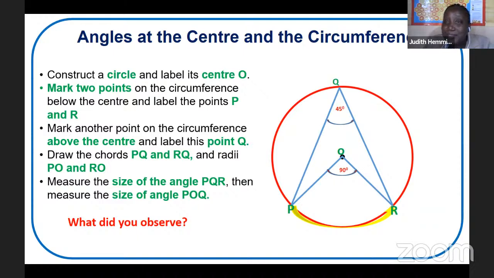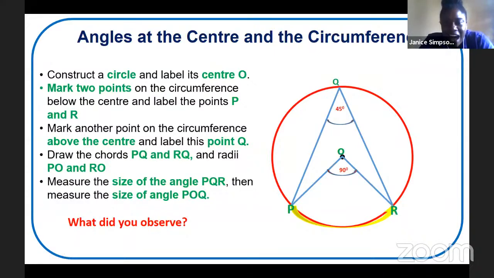Sabrina is saying that the points are on the circumference, but what is happening with those points at the circumference and the one at the center? Okay, just raise your hand and we'll unmute you if you'd like to respond. And Rikia is saying that the angle at the center is twice that at the circumference. All right, good job. And so is Giovanni, I think. Yes, he's identifying those angles by name. All right, so we're looking at these properties.